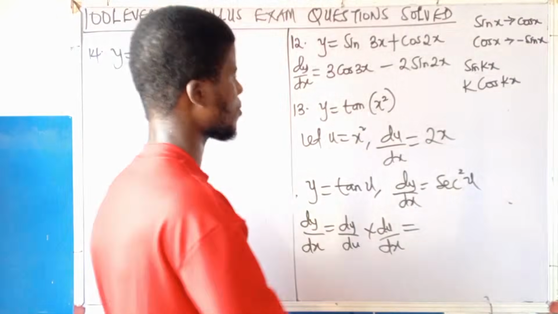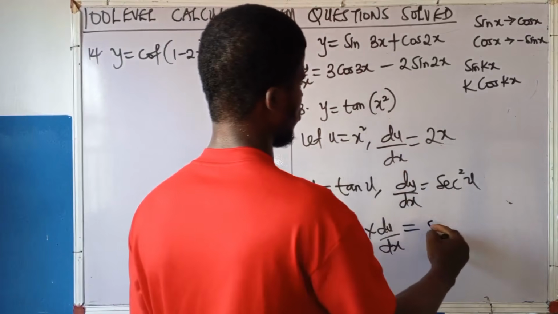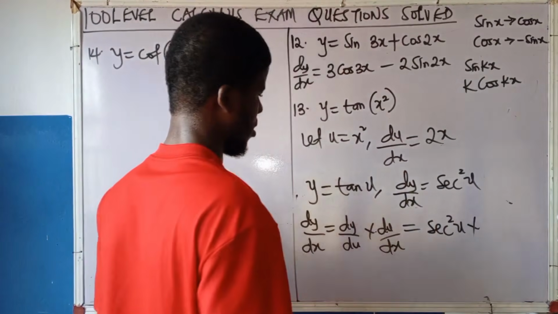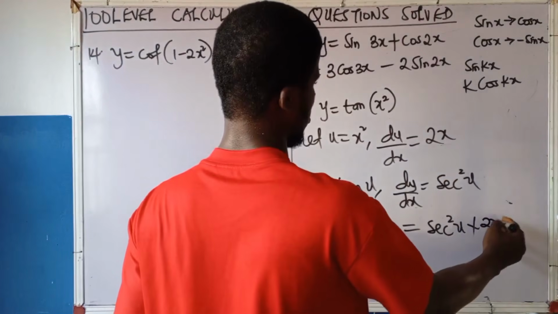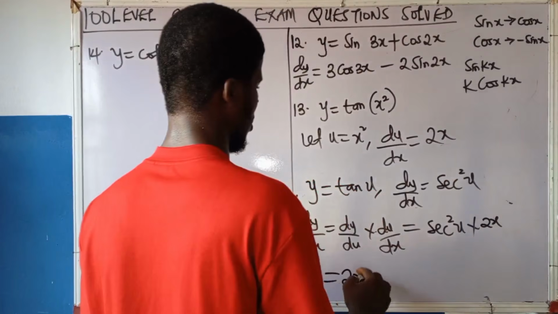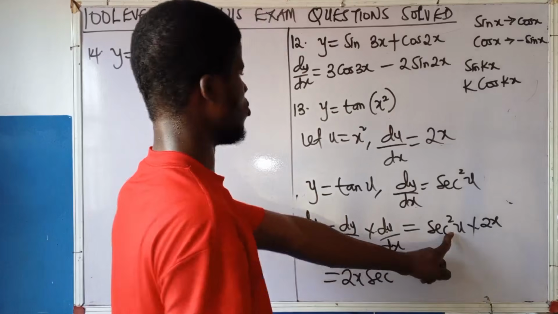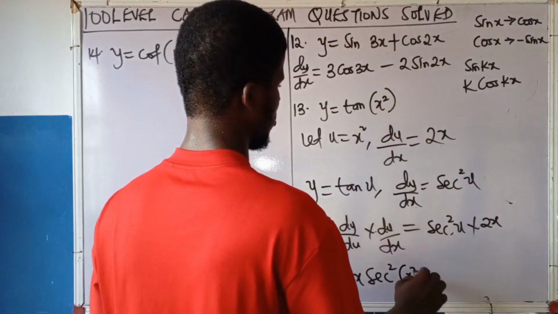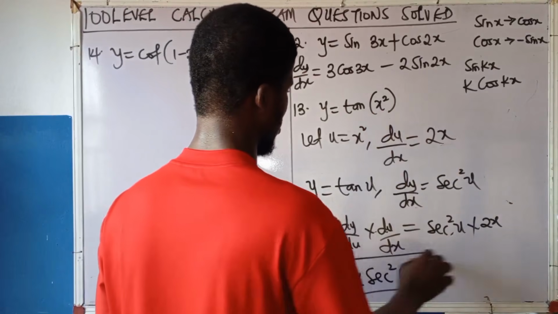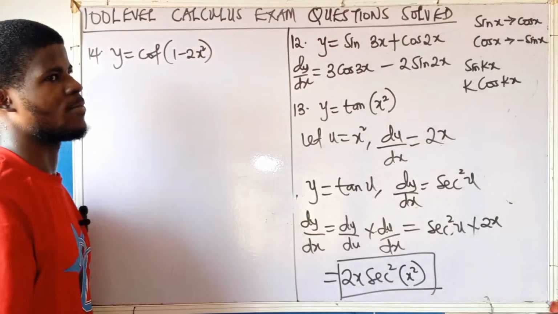So what will this produce? It's simple. The dy/du is sec squared u, the du/dx is 2x, so we have 2x outside. So this is actually 2x times sec squared u. What is u? u is x squared, so we have 2x sec squared x squared. This is the dy/dx. I think there should be a shortcut to this.